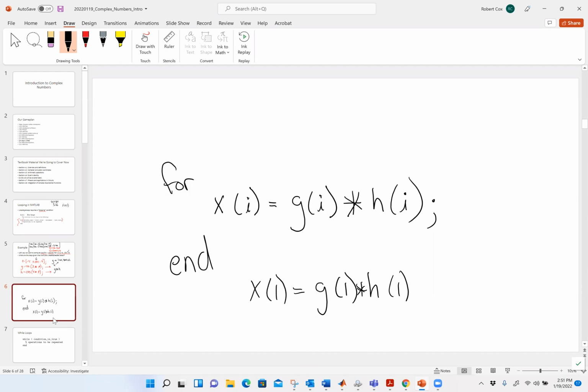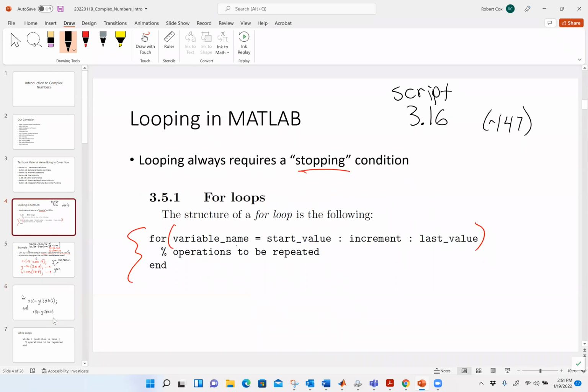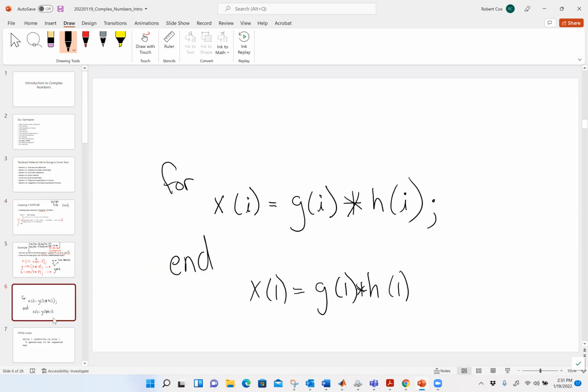So I need to define, if I look at my for loop definitions here, right? So variable name, I'm looping through a variable here. So variable name equal to a start value to an end value. So what variable would I be looping through in the for loop I've written out here?